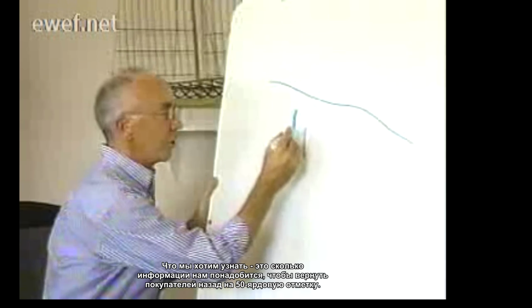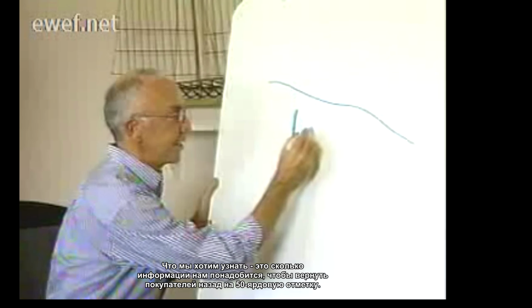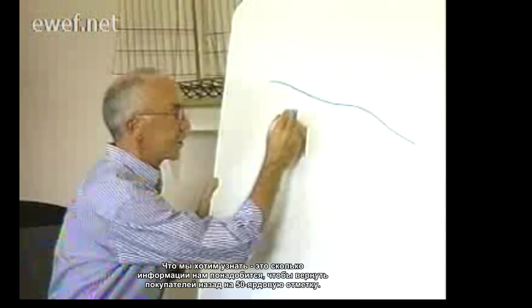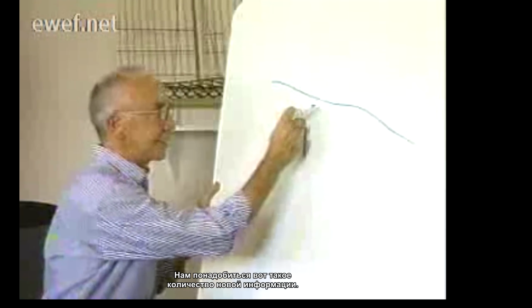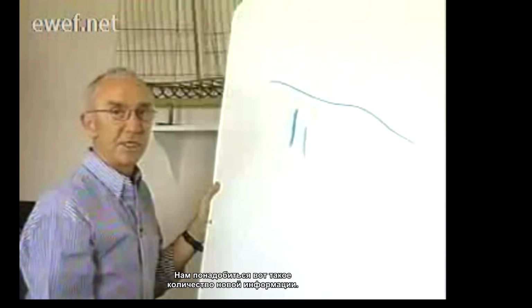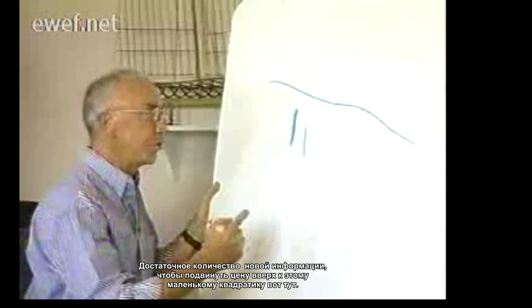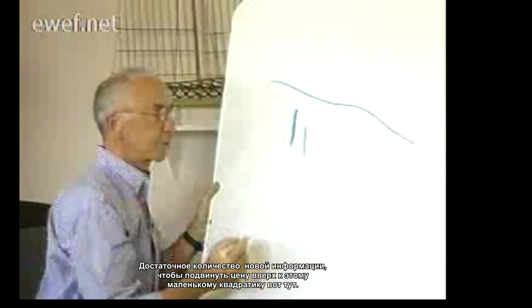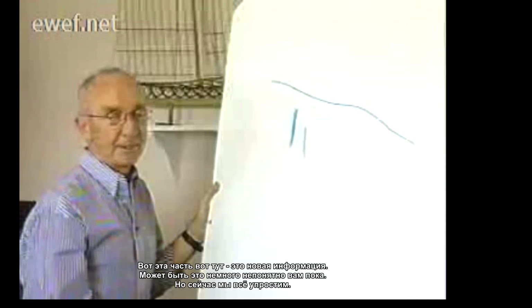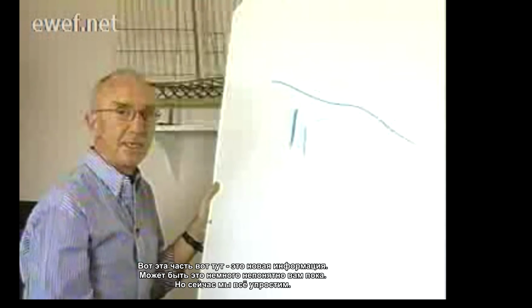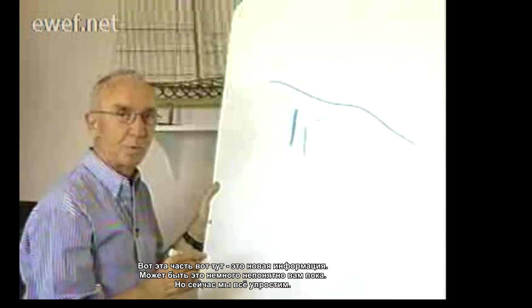So what we want to know is how much information it would take to get that back on the 50-yard line. Basically it would take enough new information to move the price to the top of this little square here. So this particular part here is new information. It may be just a bit confusing, but think about it and we'll simplify it this way.